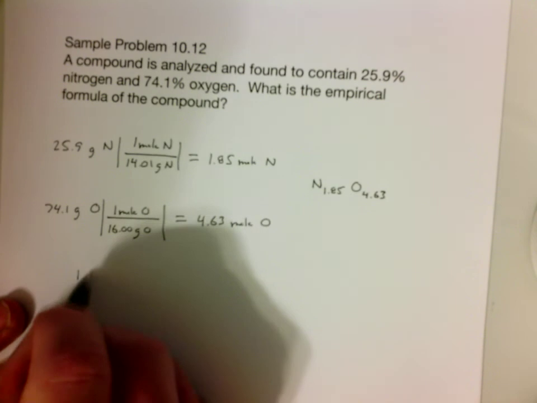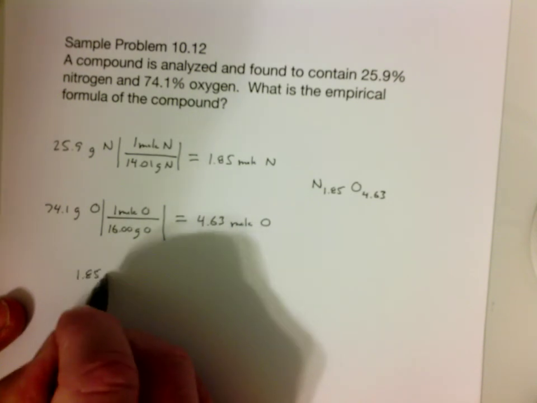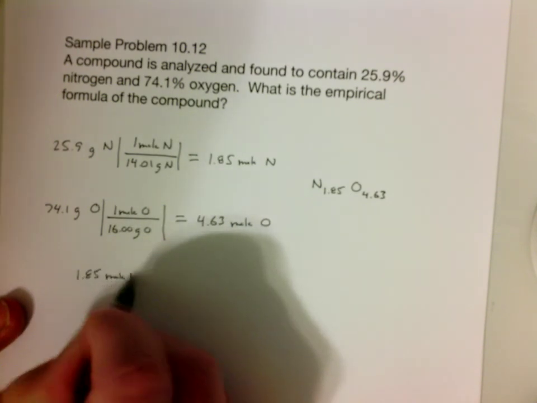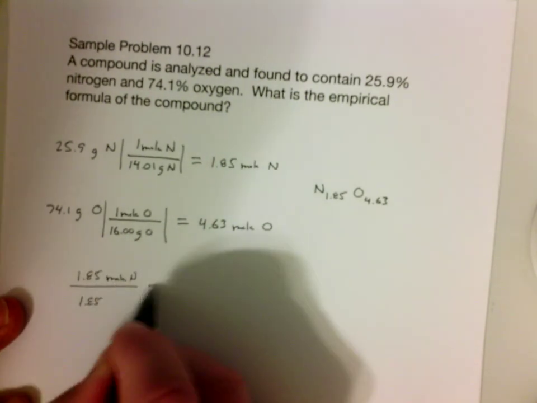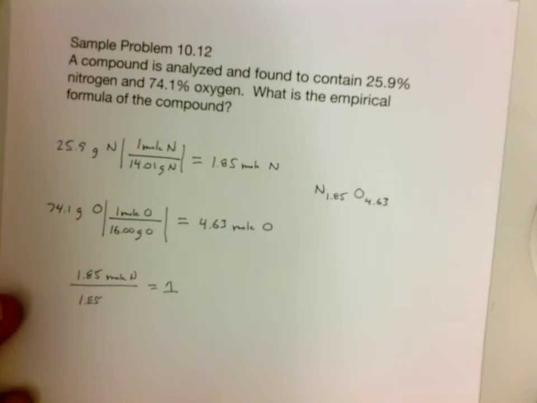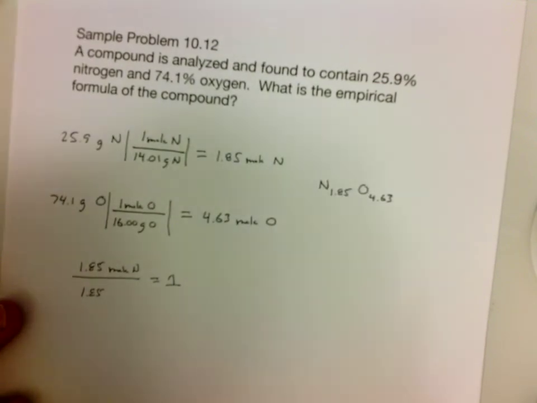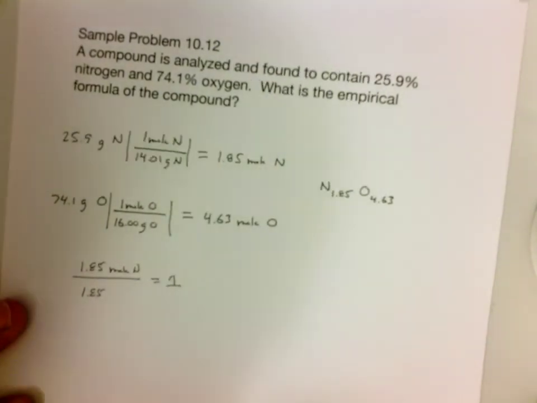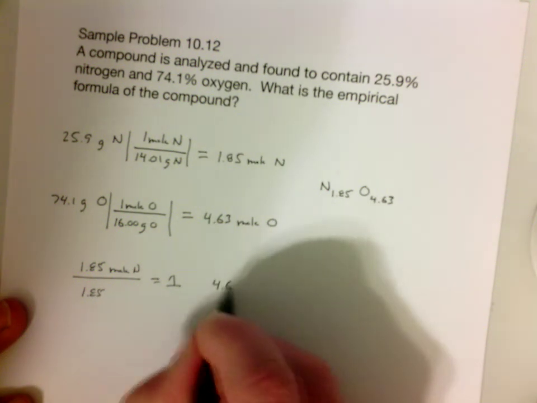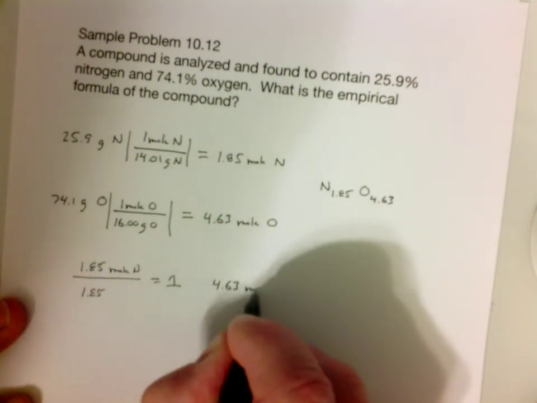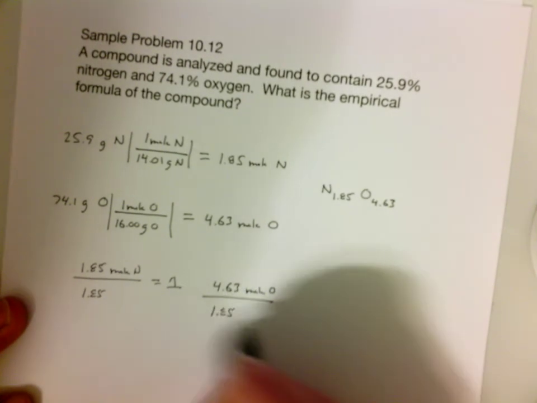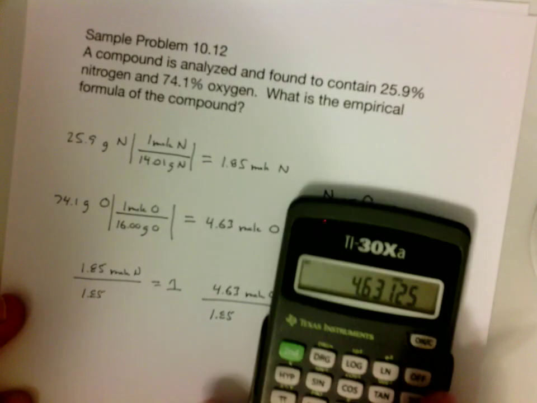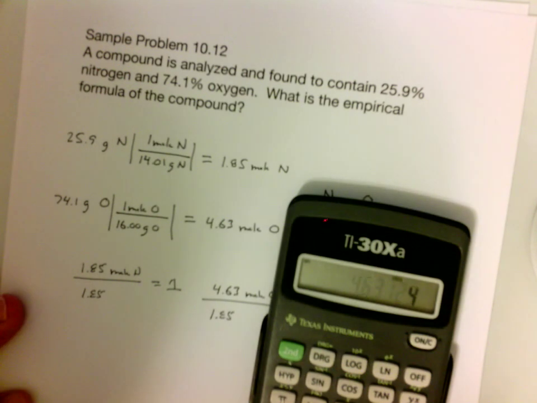So when I take my 1.85 moles of N and divide it by 1.85, I come up with 1. I do a similar problem with my 4.63 moles of O. Here's my 4.63 again.